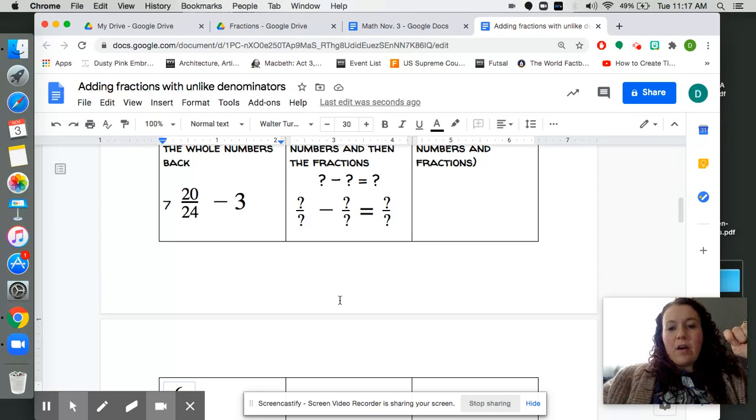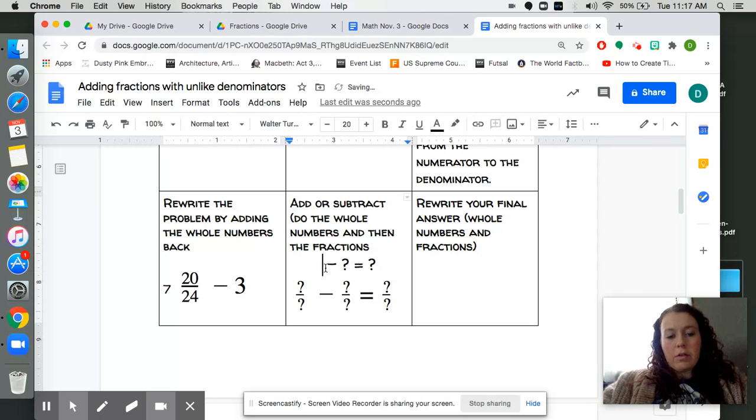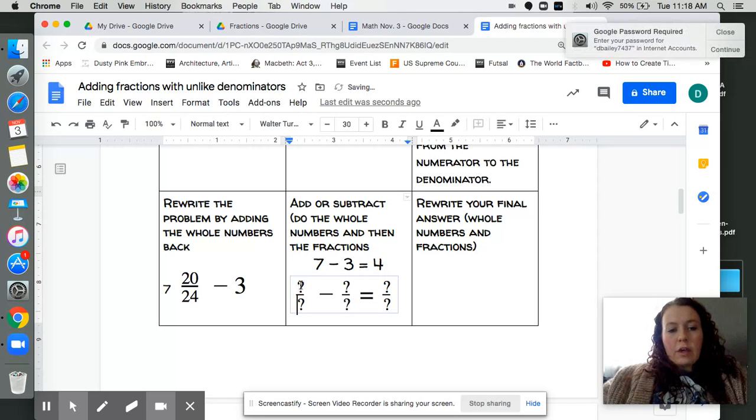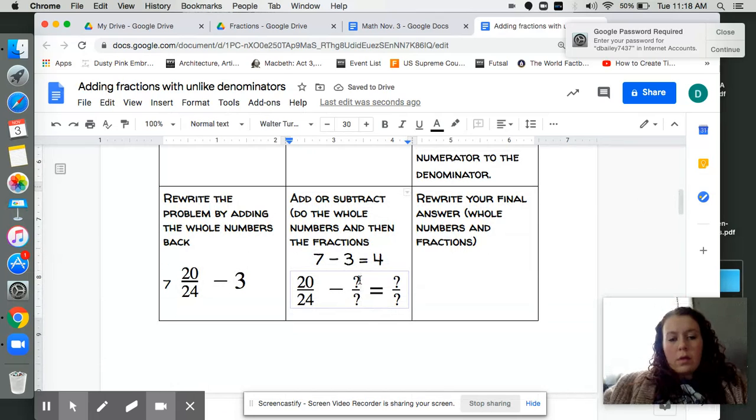All right, so now I'm going to add or subtract. I'm going to subtract the whole numbers, then I'm going to do the fraction. So my whole numbers are 7 minus 3, which equals 4. My fractions are 20 24ths minus 6 24ths.